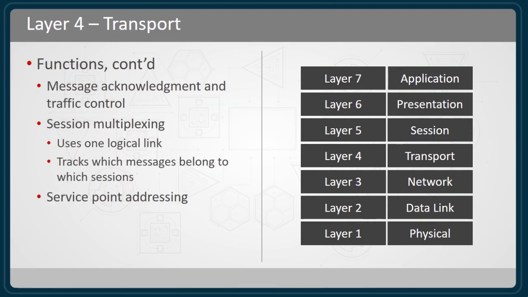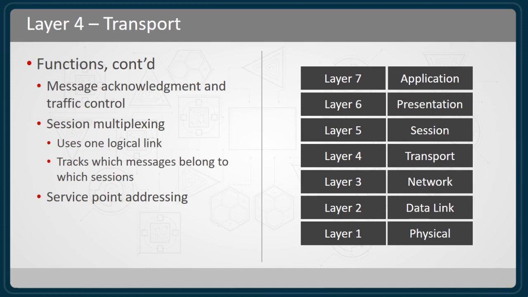Now, some other functions include the message acknowledgement and traffic control. That does depend on the protocol that's being used, but when it is being implemented, this is where it happens. We also see what's known as session multiplexing, and this is due to the fact that any one system might be communicating with any number of other systems.